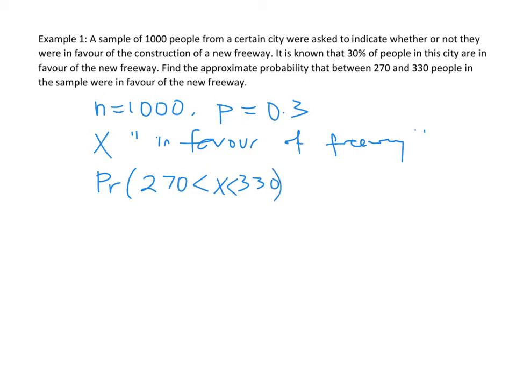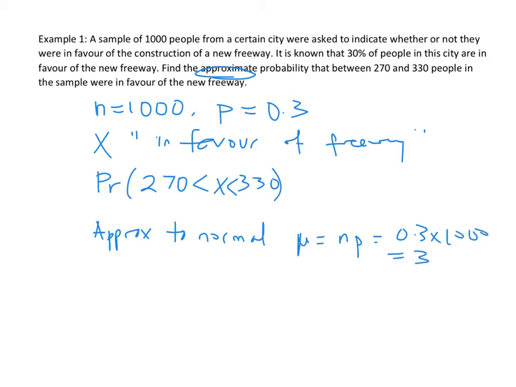So what you can do, because you're finding the approximate probability, is you can approximate it with the normal distribution, where the mean is n times p, which is 0.3 times 1,000, which is 300.